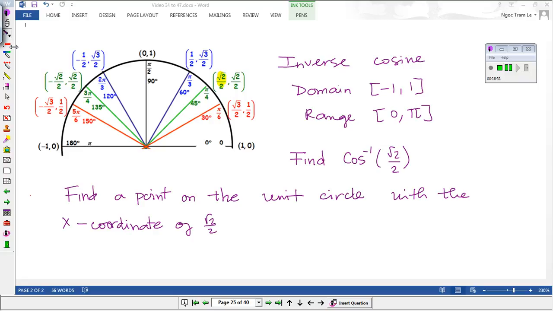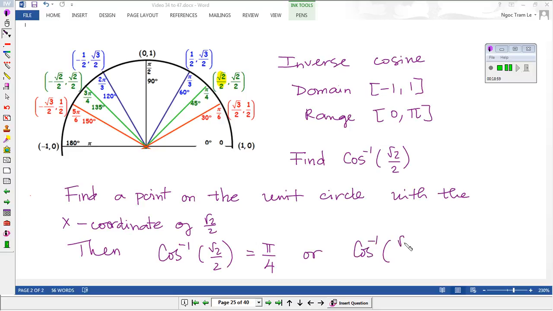So I'm going to look for my x coordinate. Here we are. So we can conclude that inverse cosine of square root of 2 over 2 will be the radian measure of the arc length, pi over 4, or you can answer in degrees.